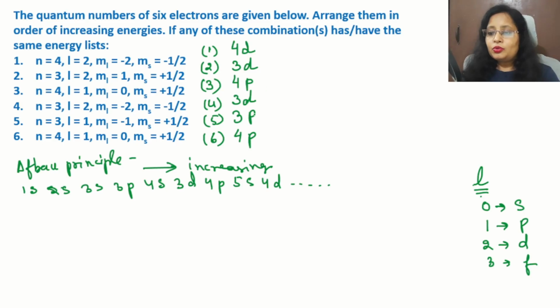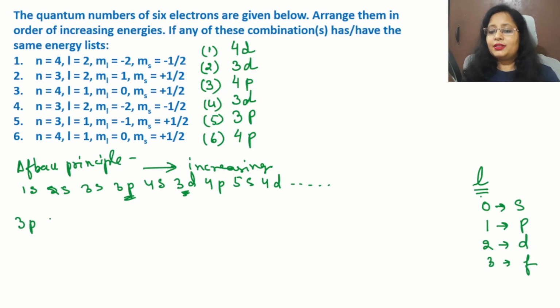Now come to the lowest one. First, the third shell has lower energy than the fourth one. So we have the third shell with electrons 2, 4, 5, in which 3p is lower than 3d. So 3p comes first.